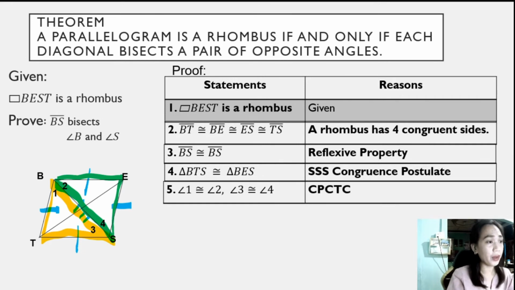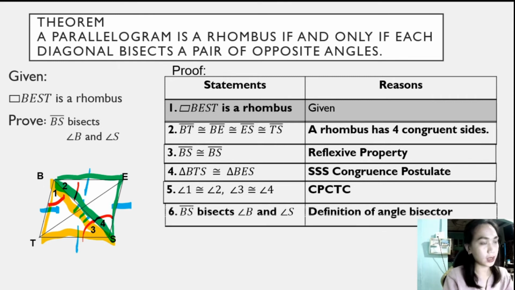Now, we have here angle 1 is congruent to angle 2, and angle 3 is congruent to angle 4, or all angles are congruent, okay? Using the CPCTC. So therefore, you can say that BS bisects the angle B and angle S. Okay? Hinati niya yung angle into congruent parts.